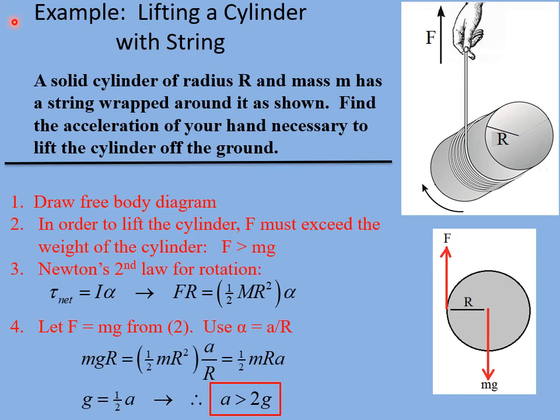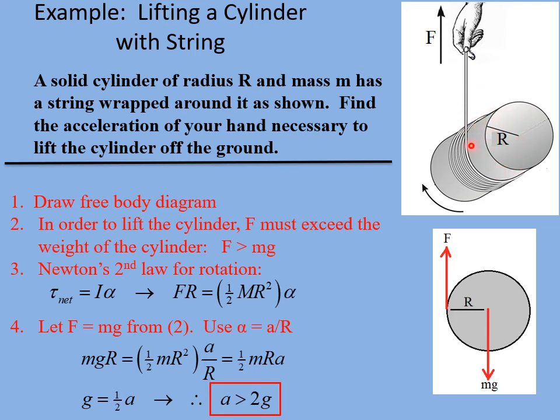This is an interesting problem and application of rotational dynamics. It has to do with lifting a cylinder with a string. If you take a string and wrap it around and around a solid cylindrical object, for example, a food can, like soup or beans, you can pull up on the string, and if you pull slowly, not much is going to happen.